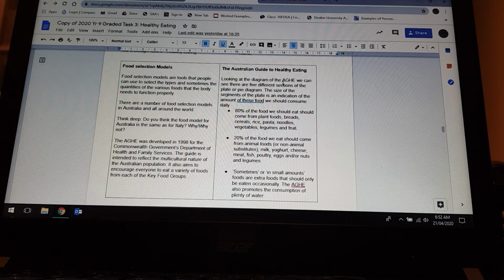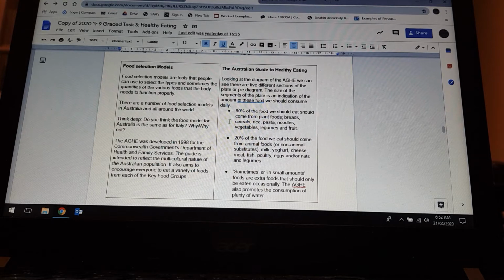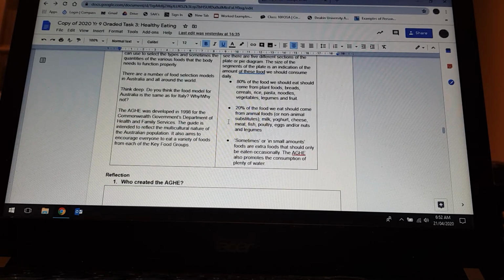Australian Guide to Healthy Eating. Looking at the diagram of the AGHE, we can see that there are 5 different sections of the plate or pie diagram. The size of the segments of the plate is an indication of the amount of these foods we should be consuming daily. 80% of the food we should eat should come from plant food: bread, cereals, rice, pasta, noodles, vegetables, legumes, and fruit. 20% of the food we eat should come from animal foods or non-animal substitutes: milk, yogurt, cheese, meat, fish, poultry, eggs, and or nuts and legumes.